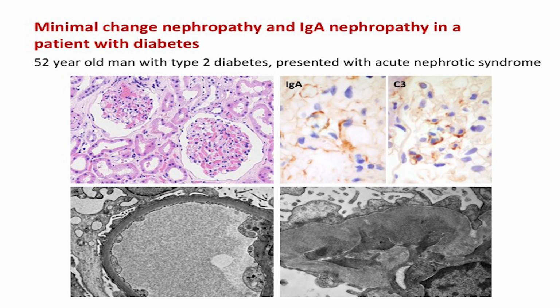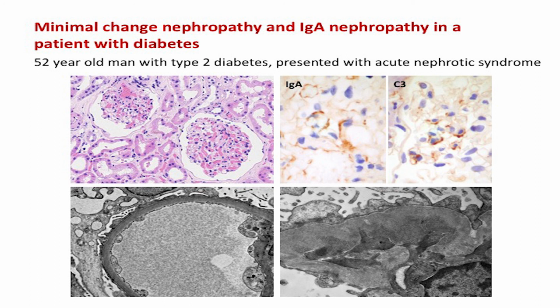This patient doesn't have diabetic nephropathy. The glomeruli looked entirely normal by light microscopy. However, the immunohistochemistry showed beautiful paramesangial deposits of IgA and C3, together with electron-dense deposits seen on EM. So by definition, they have an IgA nephropathy.